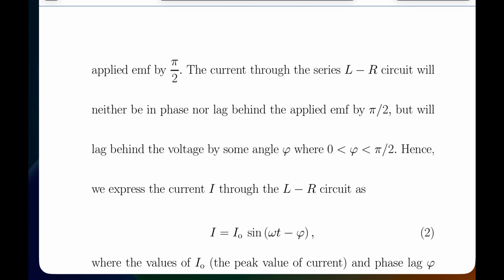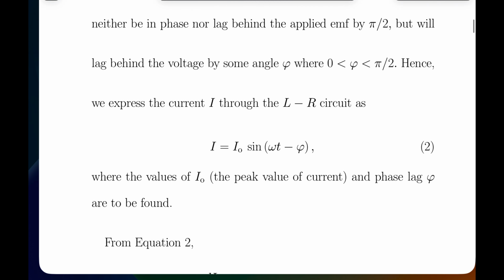So we express the current I through the LR circuit as I equal to I naught sine omega t minus phi, where phi is the angle by which the current through this circuit lags behind the applied EMF, and I naught is the peak value of the current.